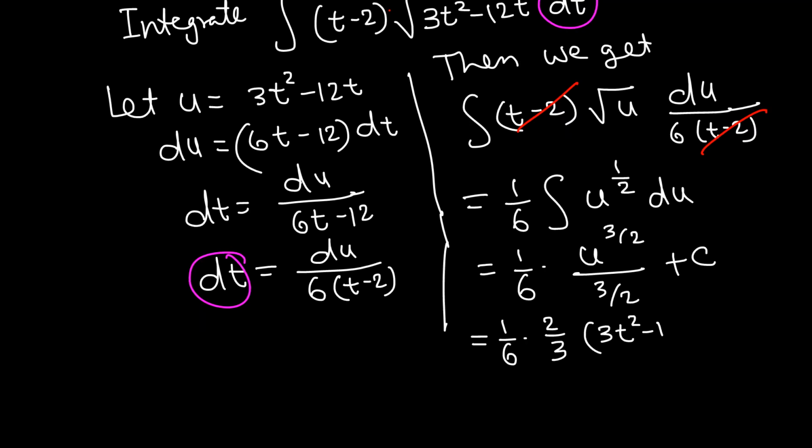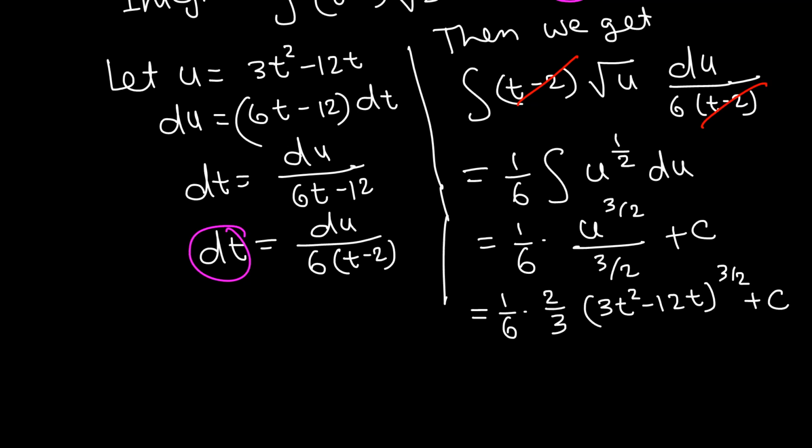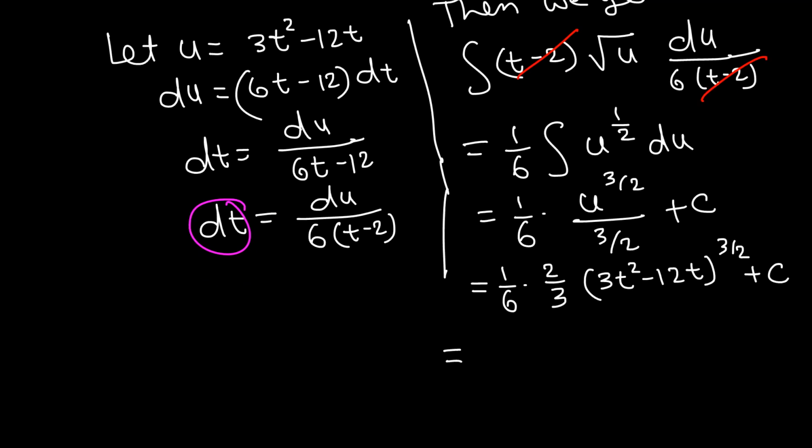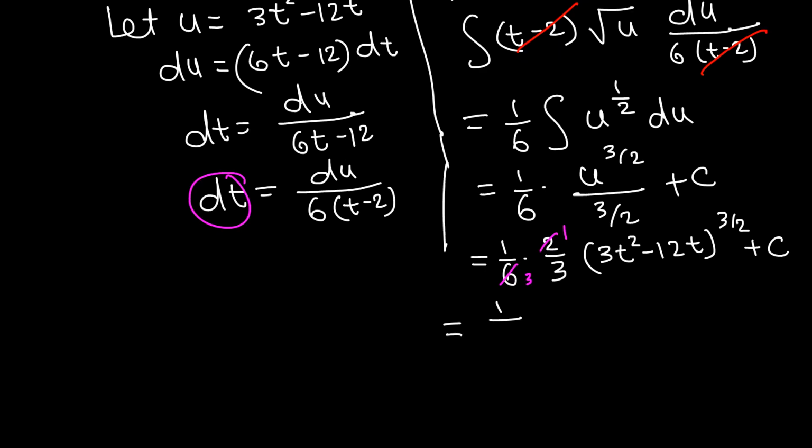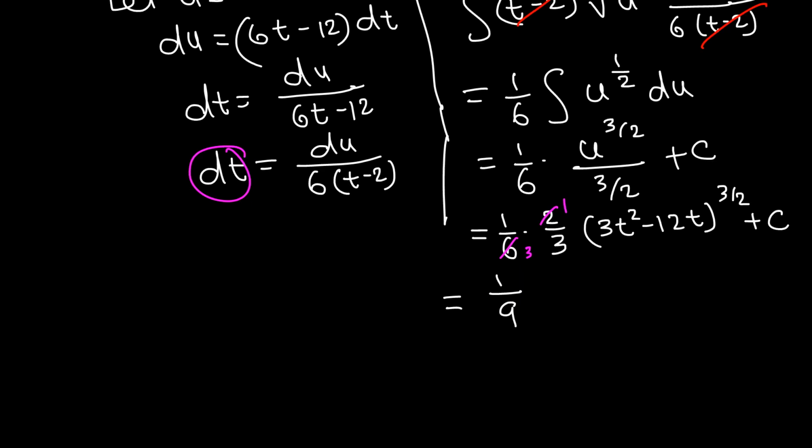So 3t squared minus 12t raised to 3/2, plus c. So the final answer is now: here 2 divides 6 three times, so we get 1 over 3 times 3, which is 9, times 3t squared minus 12t raised to 3/2, plus c. Final.